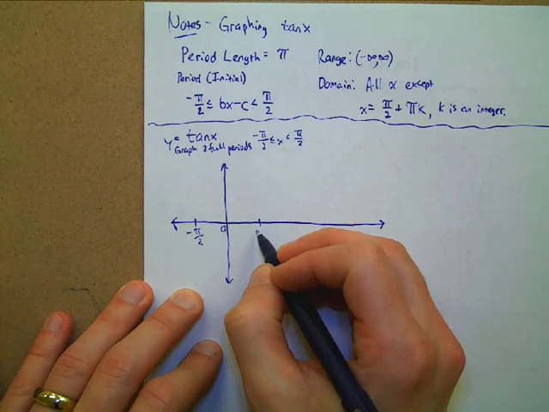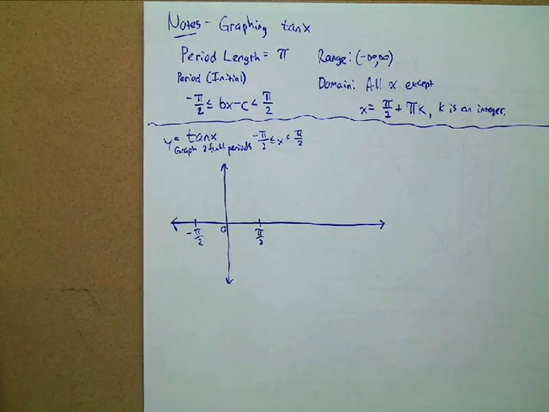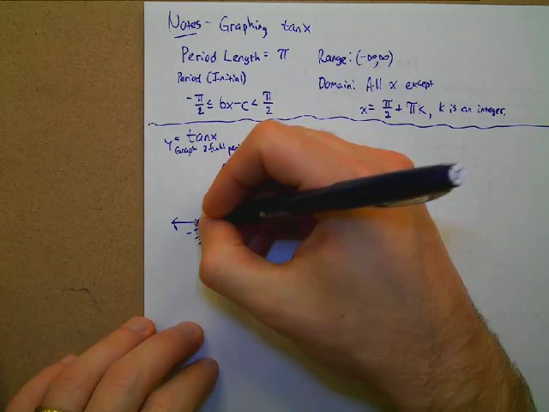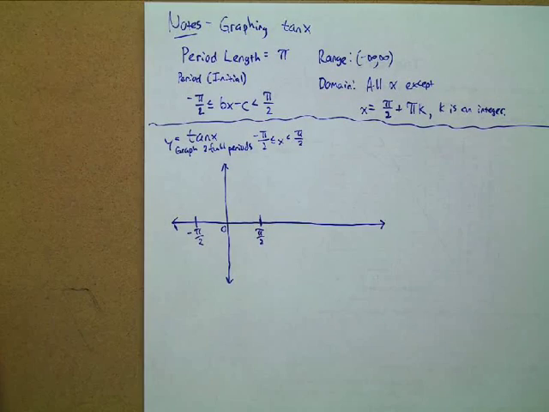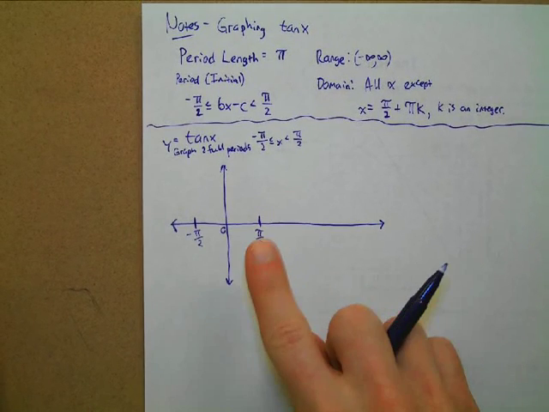But of course, we want to do 2 full periods. So what do I have to go out to? Where's the next period going to end after this? My first period goes from negative pi over 2 to pi over 2, and then it'll go from pi over 2 to what? Well, it's a length of pi, right?